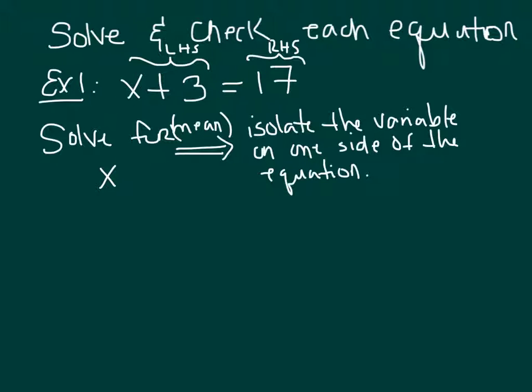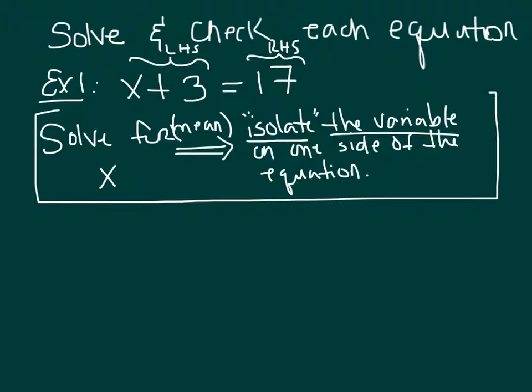You can have it on the left-hand side, you can have it on the right-hand side. It doesn't matter, x equals 1 and 1 equals x is the same thing. As long as you isolate, get it all by itself, isolate the variable. So that's the goal.